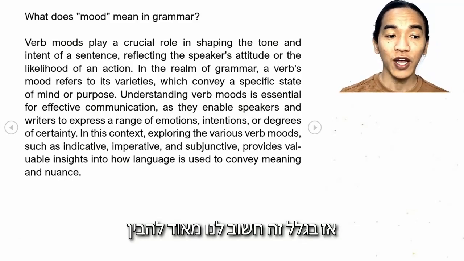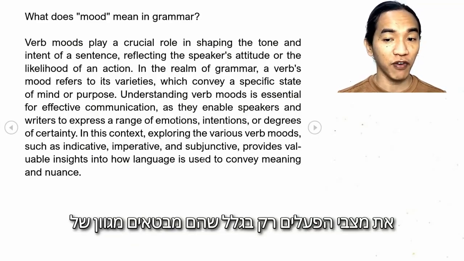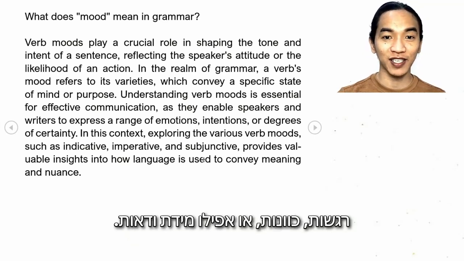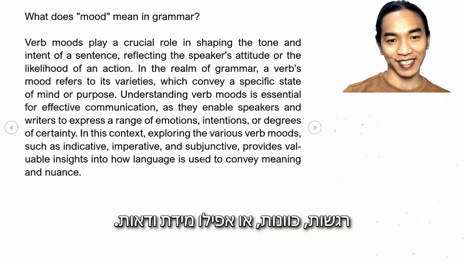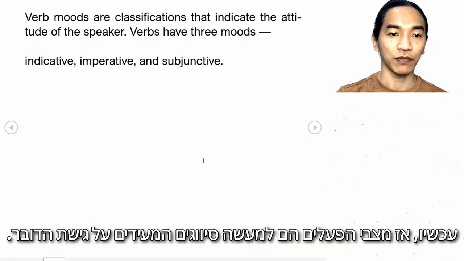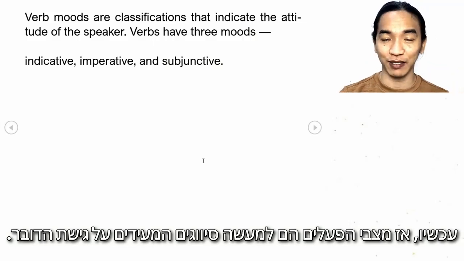Okay? So that's why it's very important for us to understand the mood of verbs, just because they express a variety of emotions, intentions, or even degree of certainty. Now, verb moods are actually classifications that indicate the attitude of the speaker.